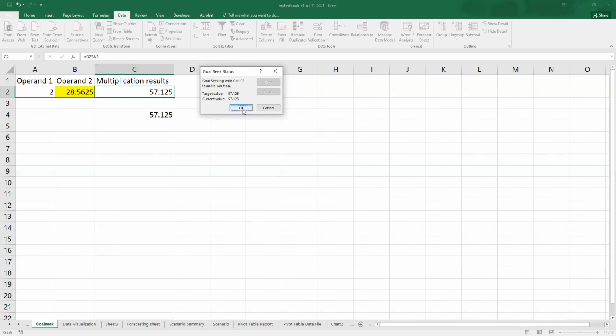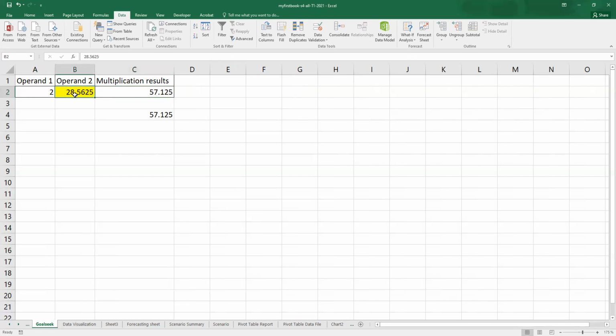Then I accept it, I click OK. You can see that it permanently updates the value to be 28.5625. Once you click on these cells, it doesn't tell you at all that you had used the Goalseek feature before. So this is the Goalseek.